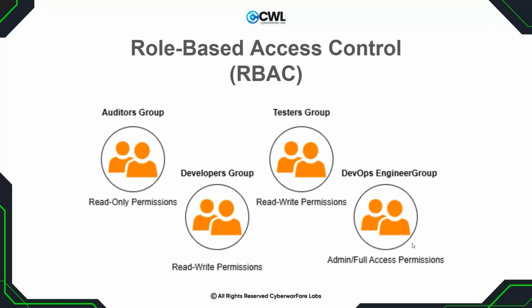Whatever permission that particular user requires, we are assigning on the basis of that user's role. If you are a developer, we assign the permission which is sufficient for that developer. Okay, so that's about RBAC.